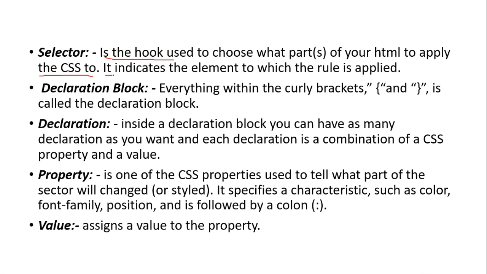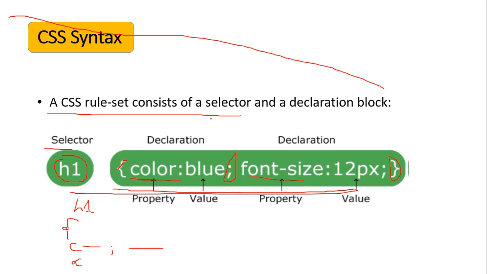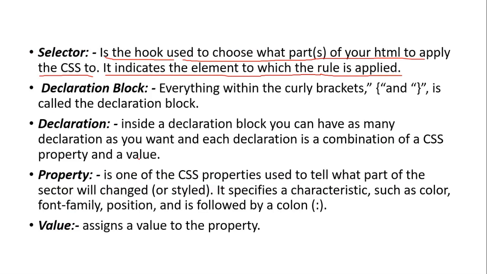So it indicates the element to which the rule applies. Here in this example we have given h1, but instead of a heading 1, if you want to change the font color or font style of a paragraph, you can use p, or if you want to change something like hyperlinks you can use a, like that.